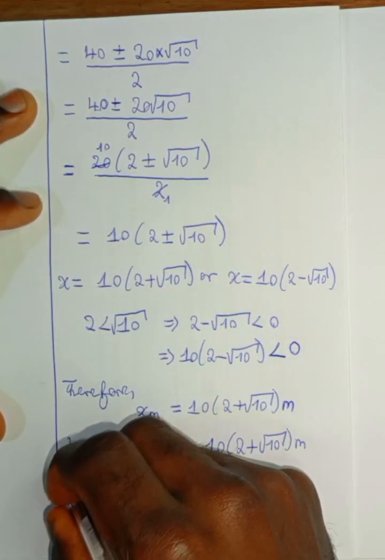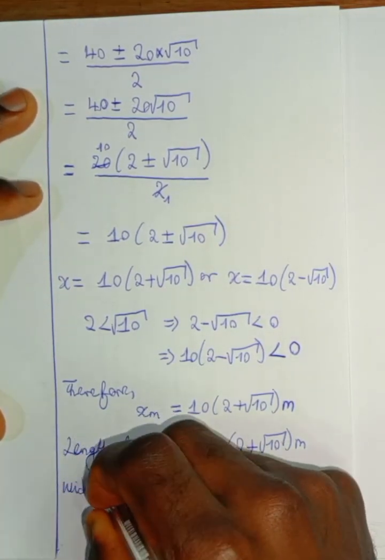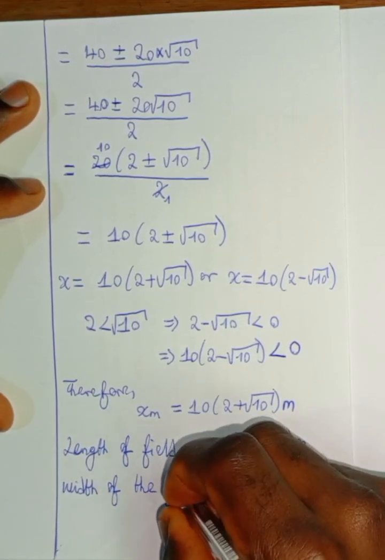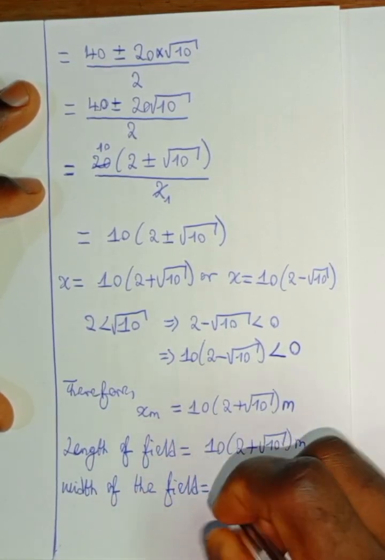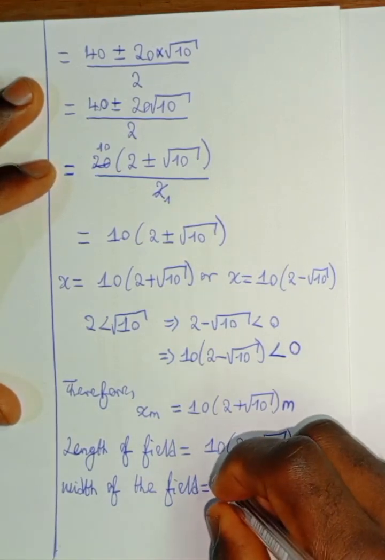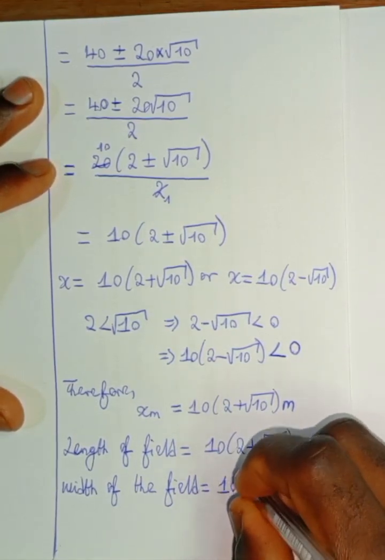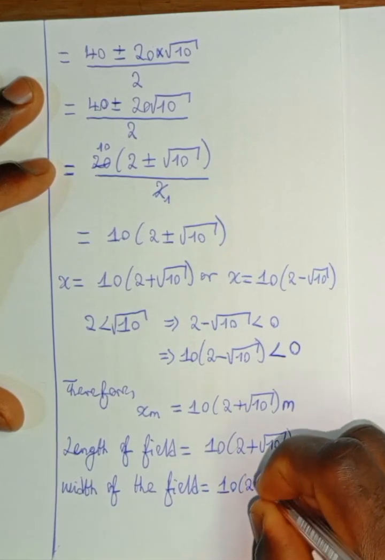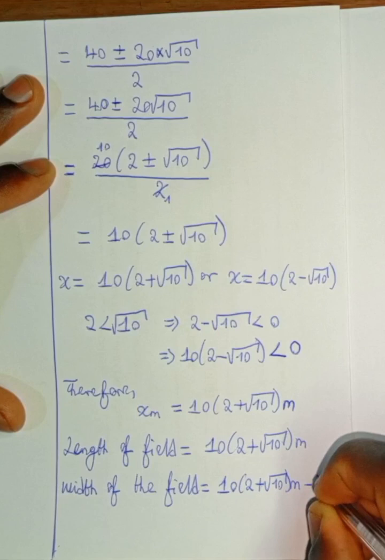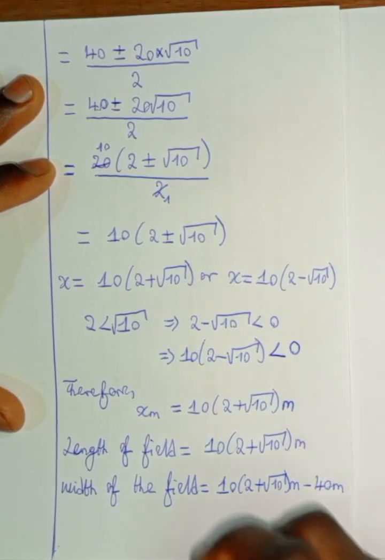The width of the field will simply be equal to x minus 40 meters. So we are going to take 10 times 2 plus root 10 meters minus 40 meters.